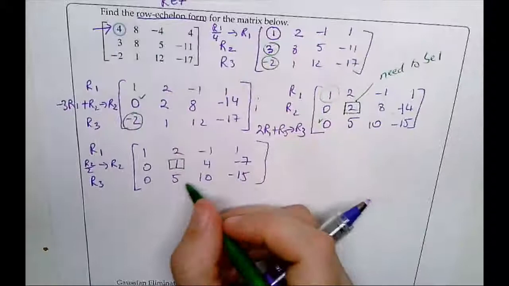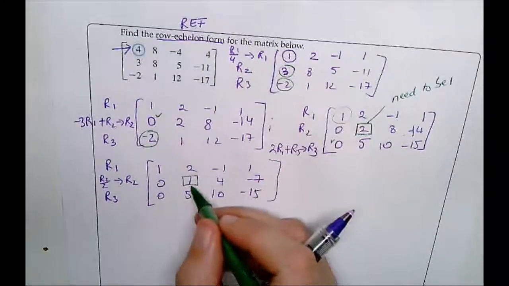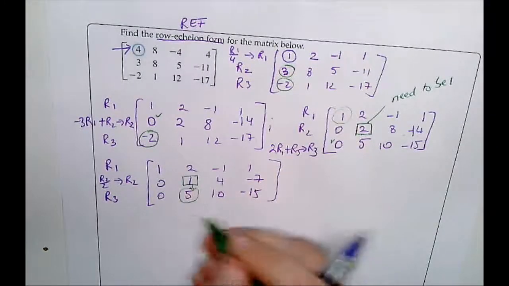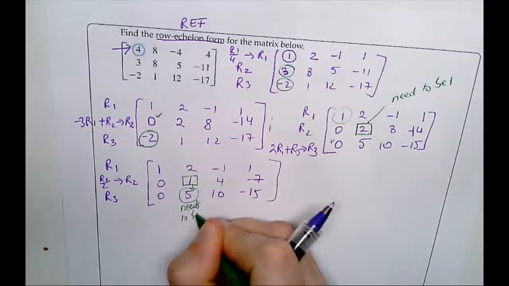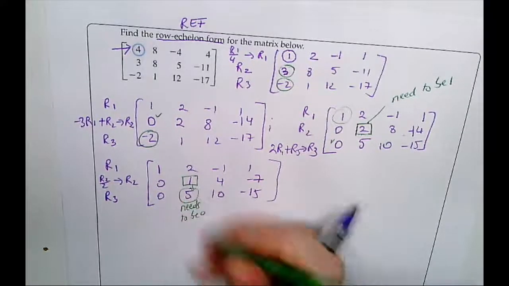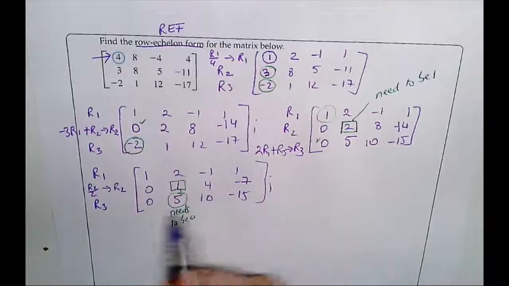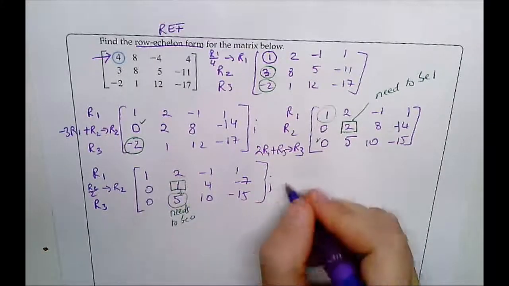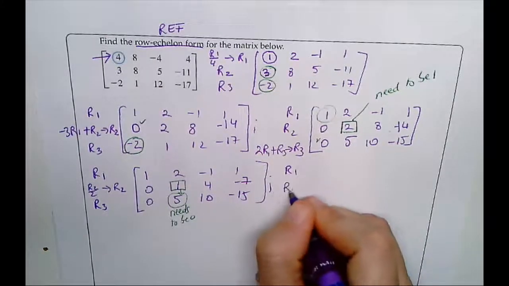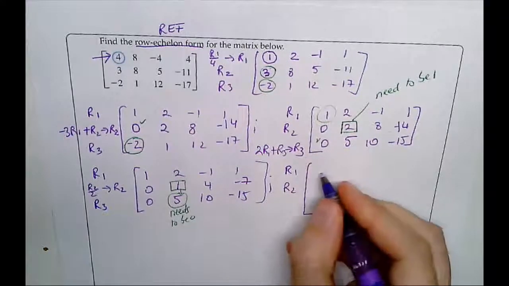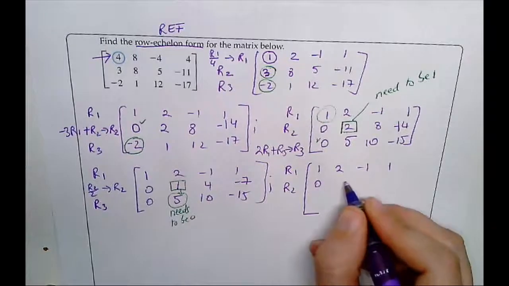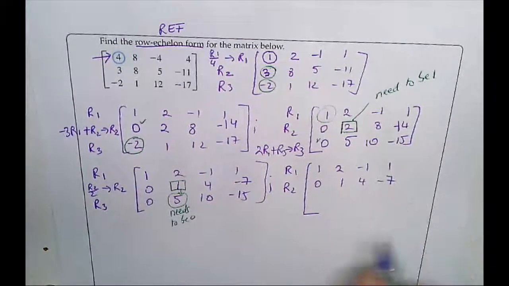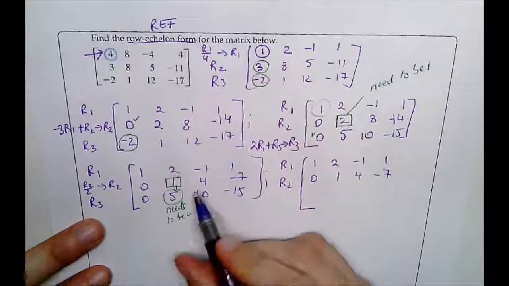All I need now to get it in echelon form is that the entry below it needs to be a 0. So how do I make this a 0? Okay, well, let's think. So I'm not changing row 1 or row 2. So 1, 2, negative 1, 1. 0, 1, 4, negative 7. And then row 3 is going to change.